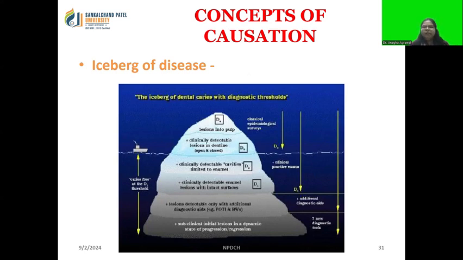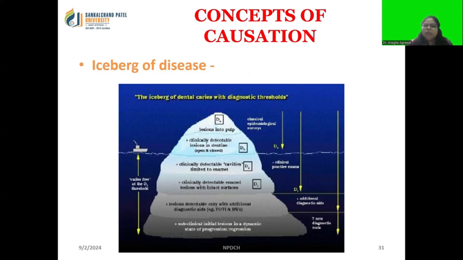When you see an iceberg, only one twentieth, or one third or one fourth, of that iceberg is visible on the surface of the water, whereas all the other part is submerged in the water. By just looking at the tip, which is visible above the water, you cannot understand how much iceberg there is. This is the quality of the iceberg which we can see in our disease concept also.